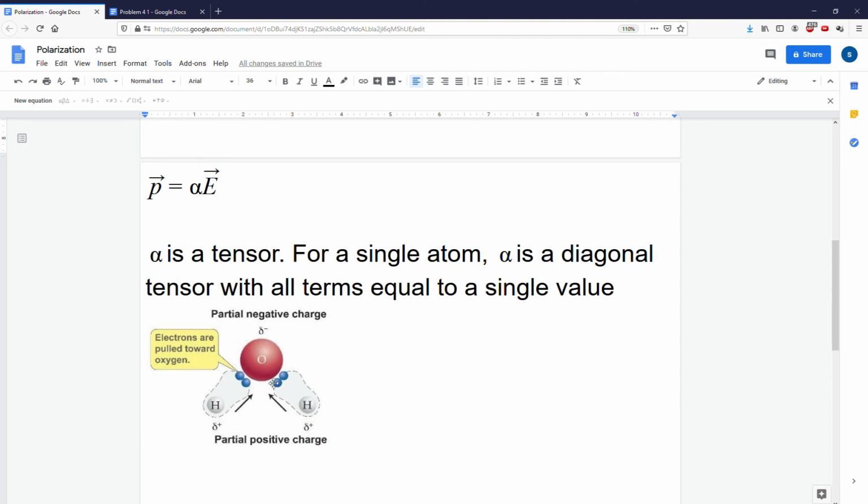Now, this oxygen atom has 8 protons, and normally it has 8 electrons around it. But because of the covalent bonds, these 8 electrons are supplemented by 1 from each hydrogen, so there are actually 10 electrons in this region with 8 protons. This means that this side of the water molecule has a slight negative charge.